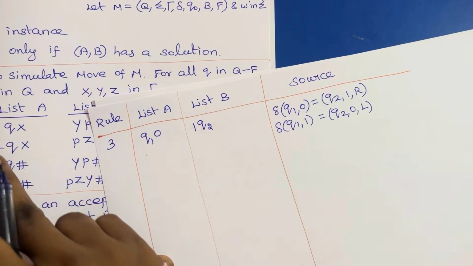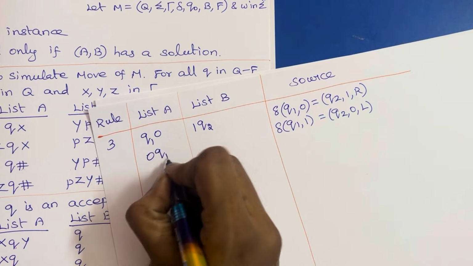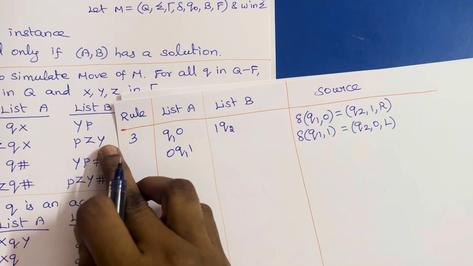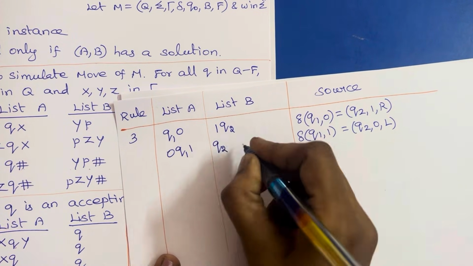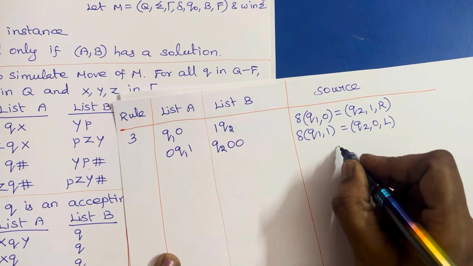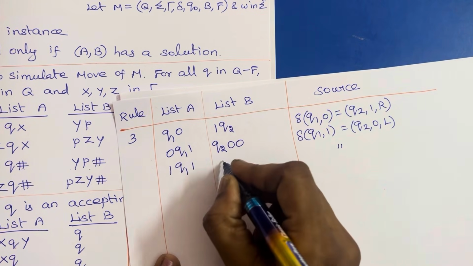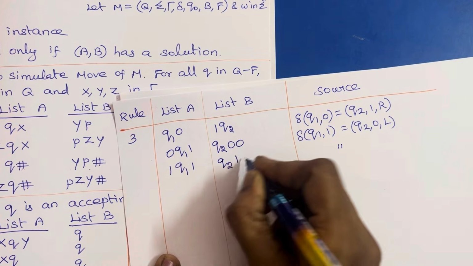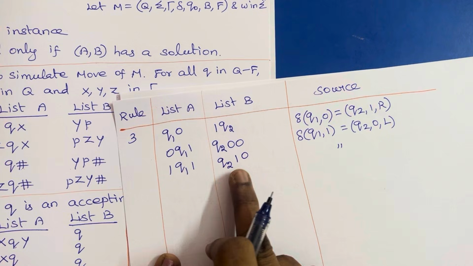So first 0, zqx, so 0, q1 1, then pzy. pzy means p means q2, z is 0, then y means 0. Then we have to write the same for z equal to 1. So 1 q1 1, q2 1 0. Instead of z, we have written 1 here.